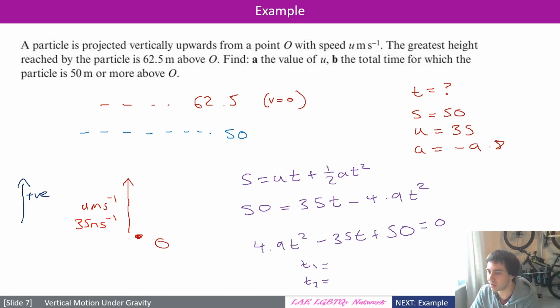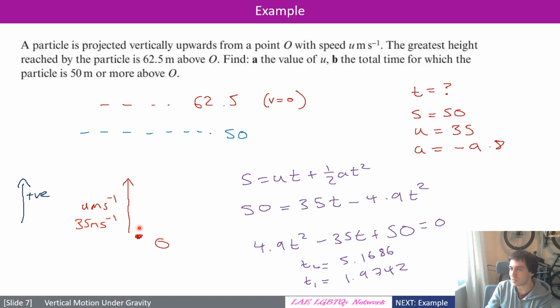In this case, one of them is 5.1686 and the other is 1.9742. I think it's more natural to call t1 the smaller one and t2 the bigger one, because t1 should occur first and t2 occurs second.